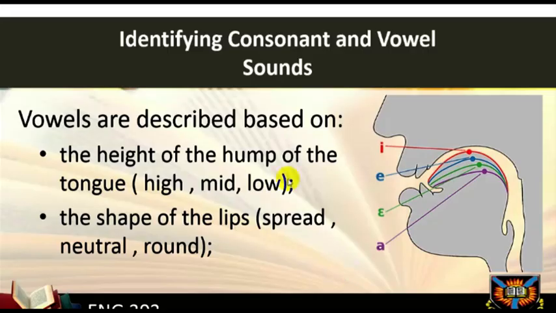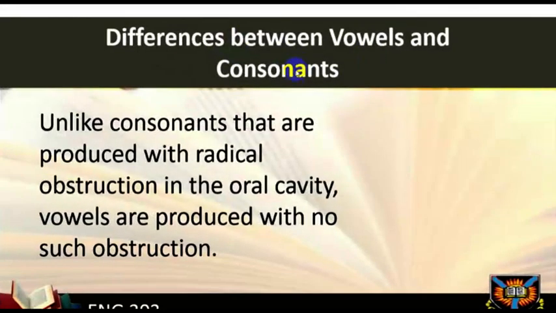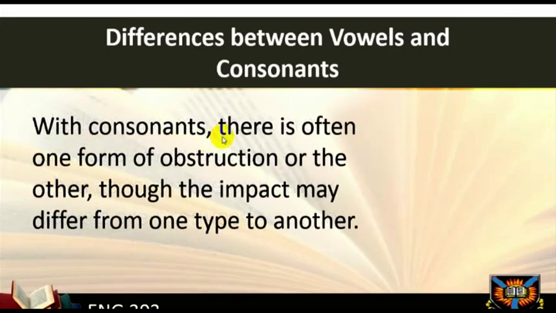Differences between vowels and consonants. Unlike consonants that are produced with radical obstruction in the oral cavity, vowels are produced with no such obstruction. With consonants, there is often one form of obstruction or the other, though the impact may differ from one type to another.